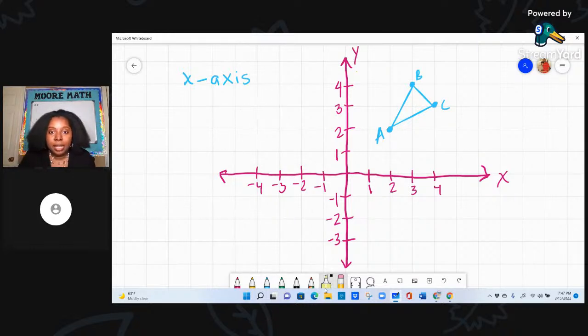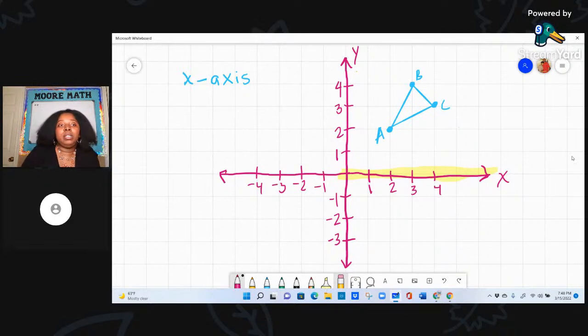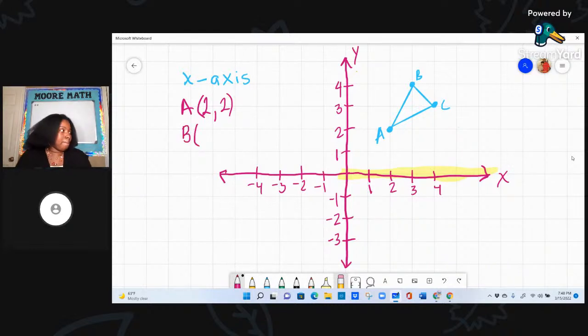It's supposed to be in 4. Okay, so here's our x-axis right here. And if this is our mirror, right on the other side of this is our reflection. All right, so let's start with A. What is point A? What's my coordinate? 2, 2. Good. Okay. What about B? What's my coordinate? 4, 3.